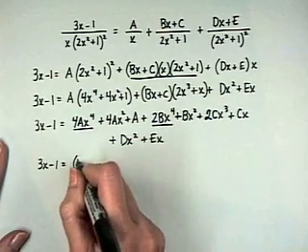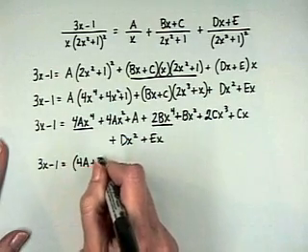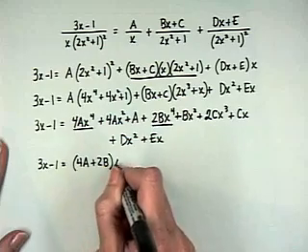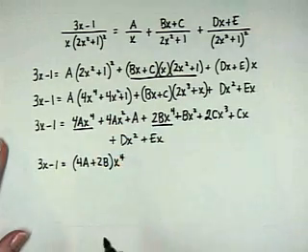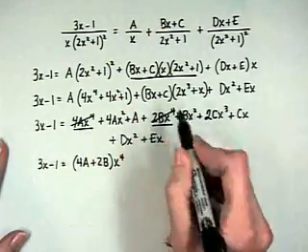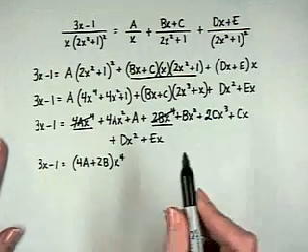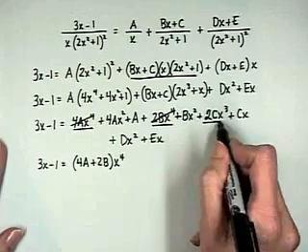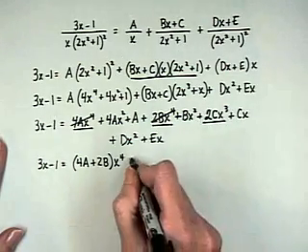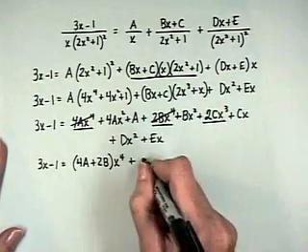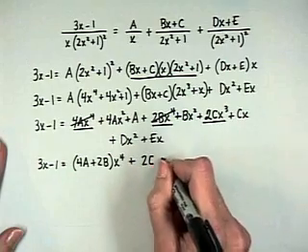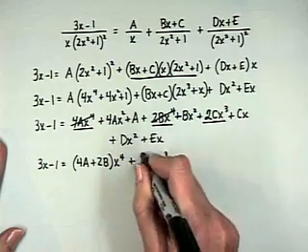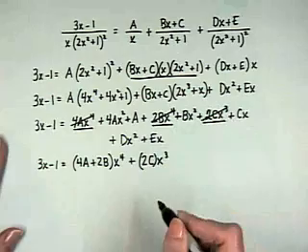If we combine those, we have 4a plus 2b times x to the fourth power. I'm going to keep track of what I'm doing by scratching out the ones I've already worked with. We have a 2c x cubed. That's the only term of that type, so we can write it down in the next step, and then we've worked with it.